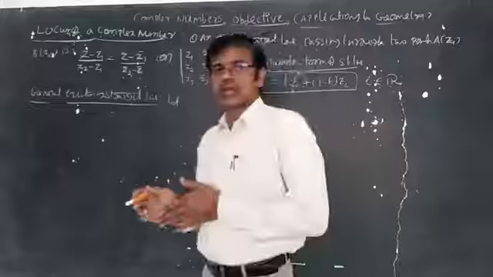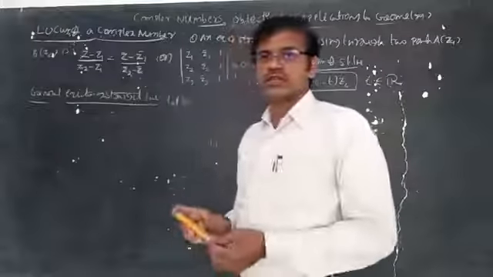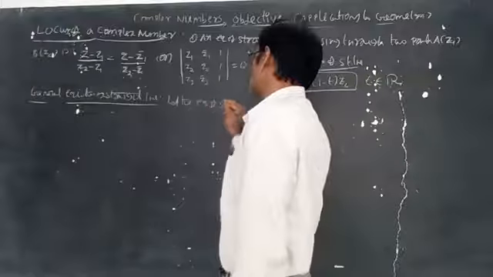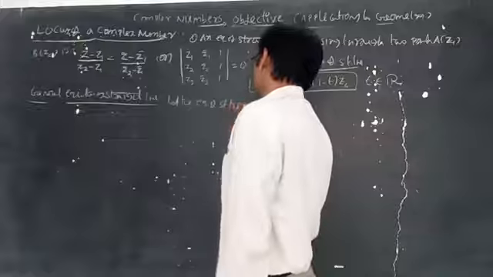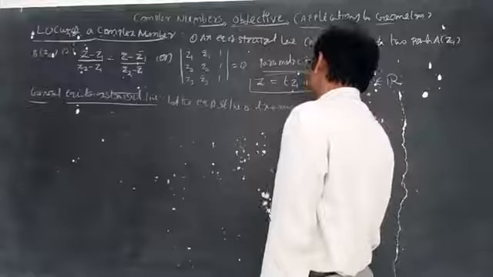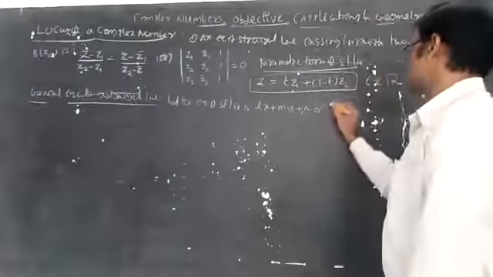That is why I am taking the equation in the Cartesian coordinate system, in coordinate geometry. Let the equation of the straight line be Lx plus My plus N is equal to 0.